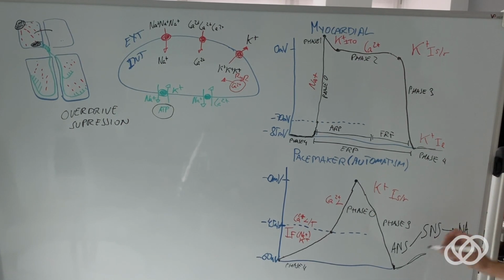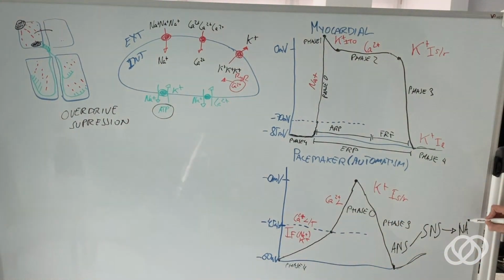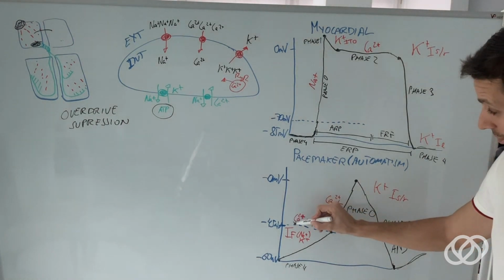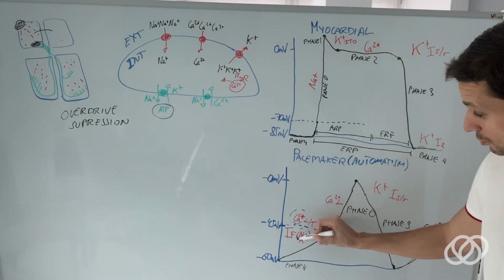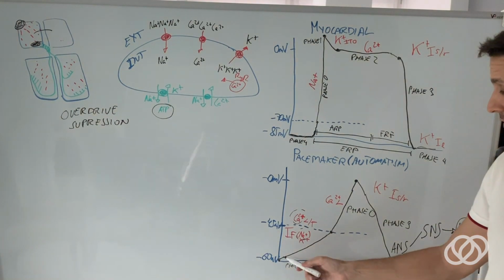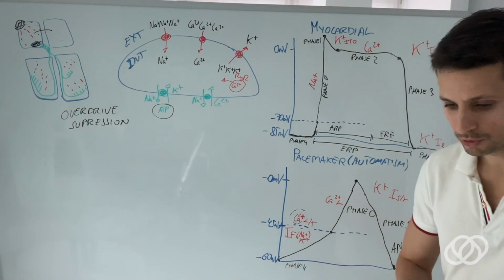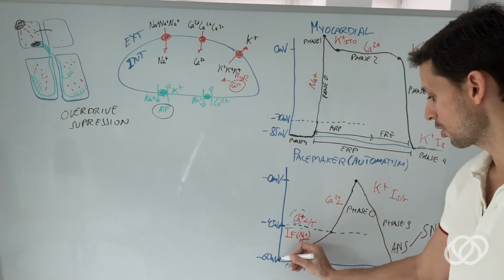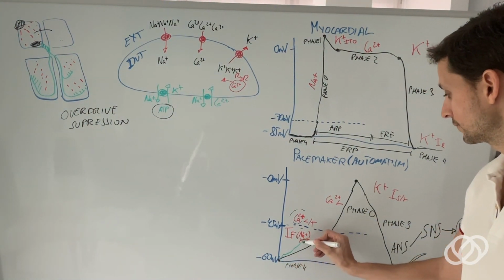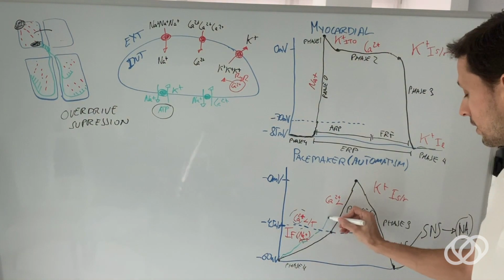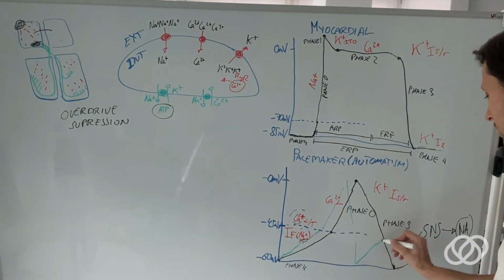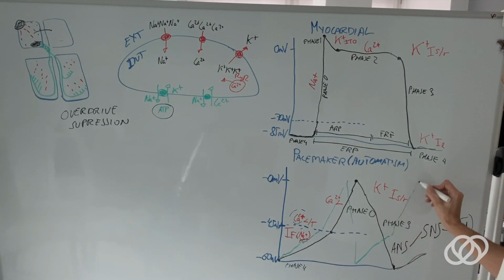This noradrenaline is going to open these calcium and sodium channels. So it is going to bring this slope up, and then we are going to have a higher heart rate.